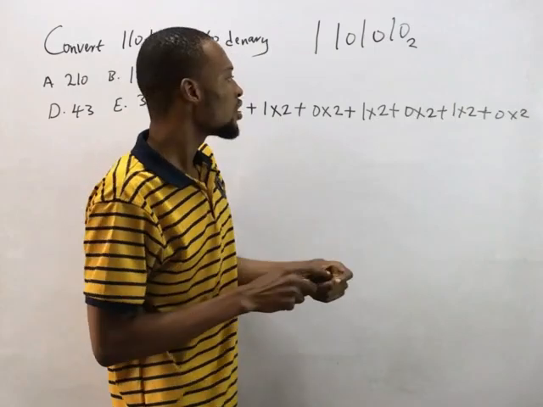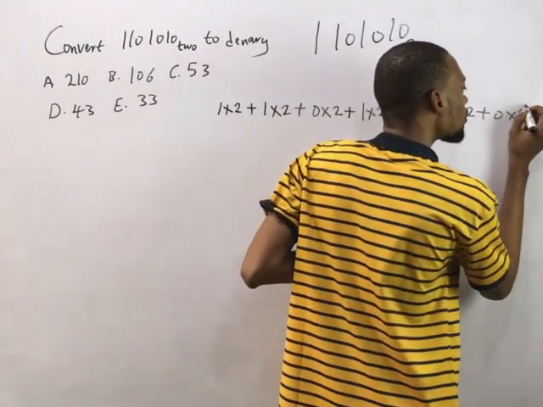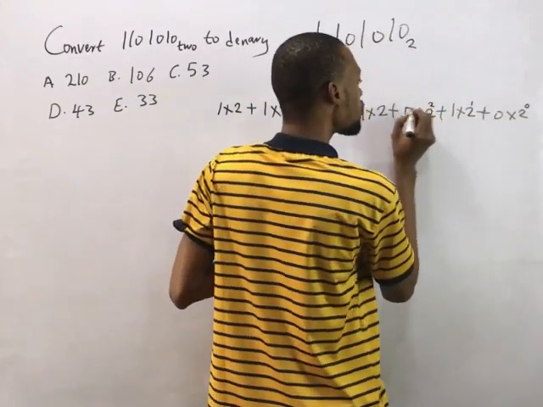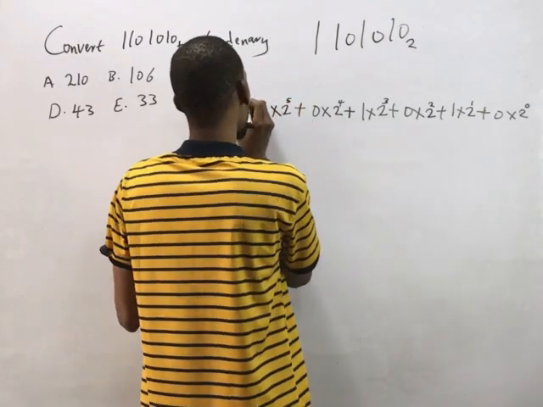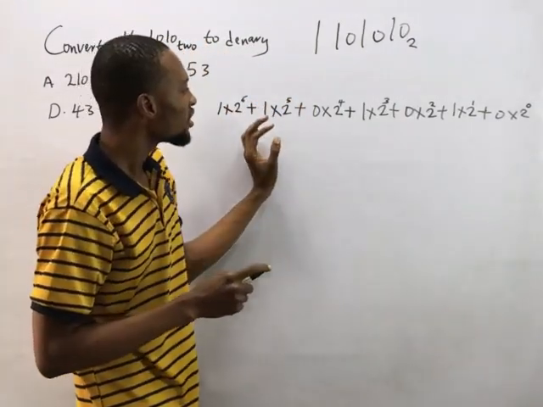After this step, you go to this last 2. On top of this last 2, put 0. Here put 1. This next 2, put 2, put 3, put 4, put 5, put 6. Okay? So this is this.